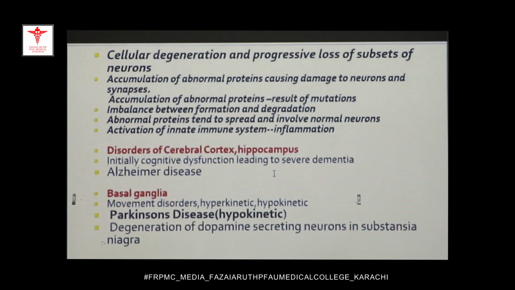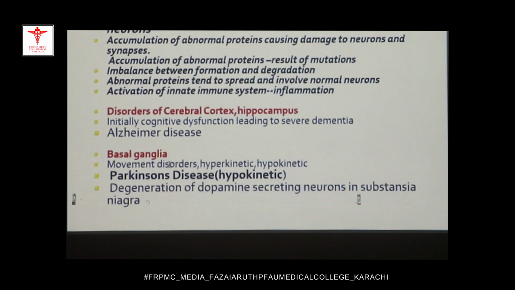Now, if we classify neurodegenerative disorders, this may be in the cerebral cortex and hippocampus. In this case, the most important being Alzheimer's disease, which basically begins with cognitive dysfunction and leads later on to severe dementia.